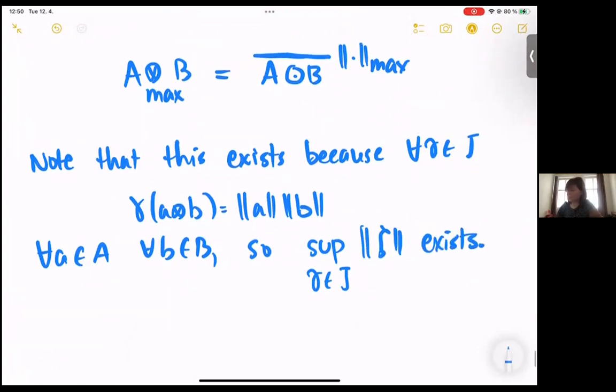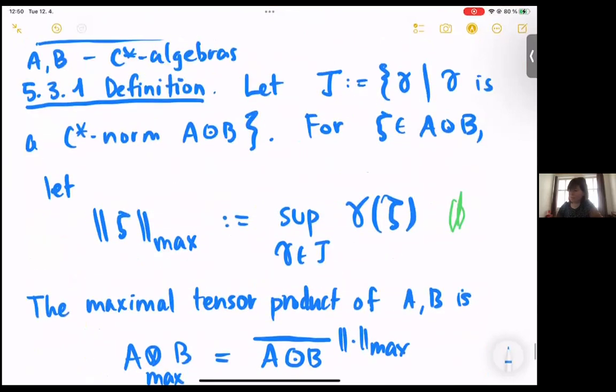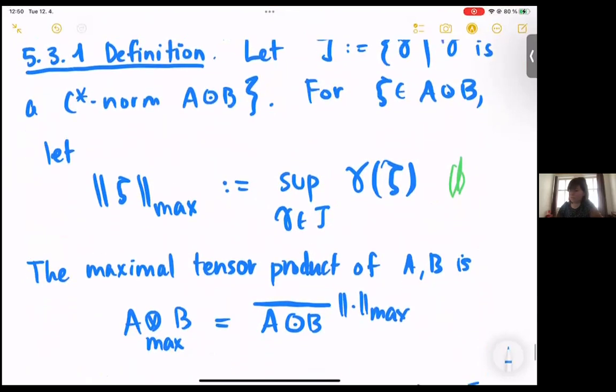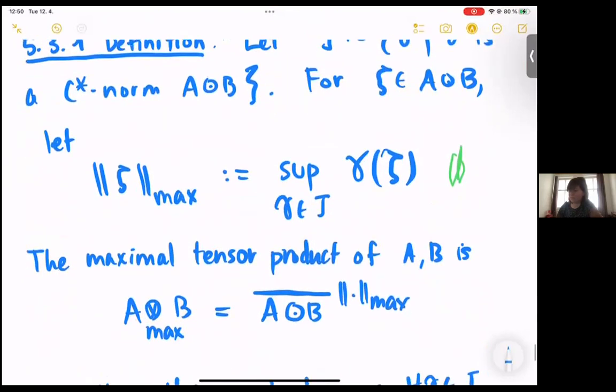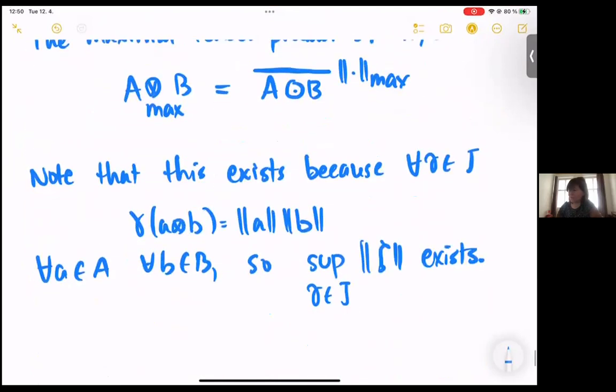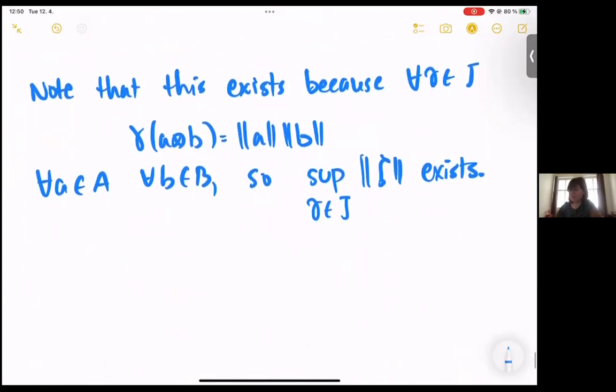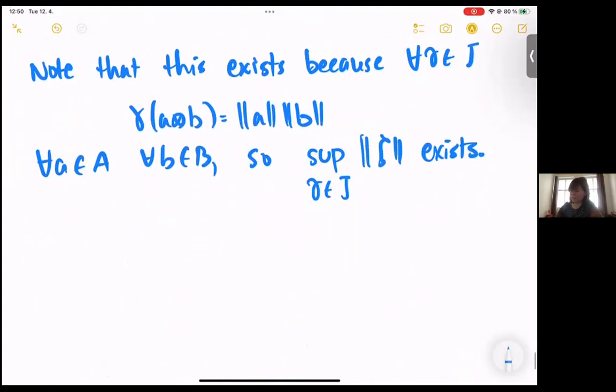And of course, since all of these gammas are assumed to be C star norms, it's also easy to see that this will then be a C star norm, so that A tensor max B is a C star algebra.